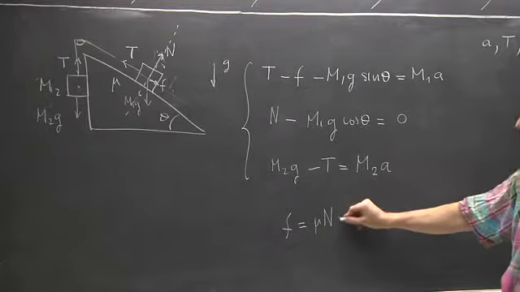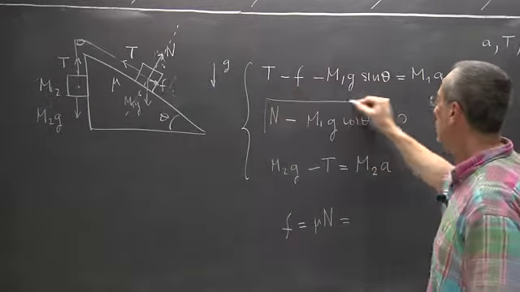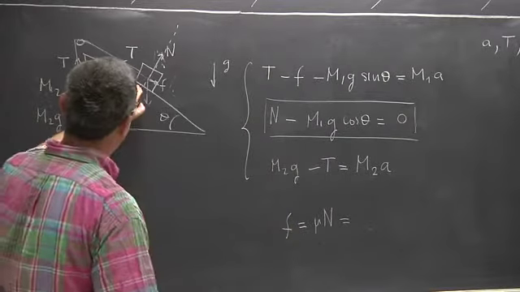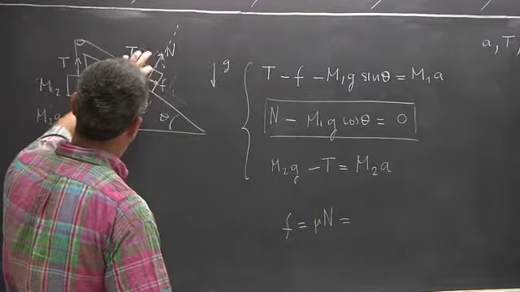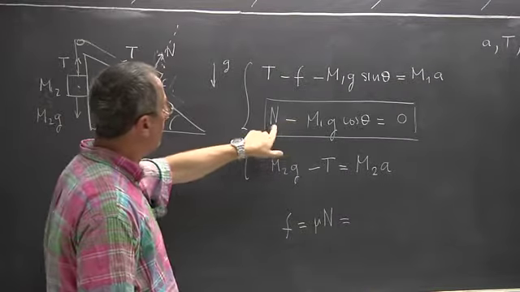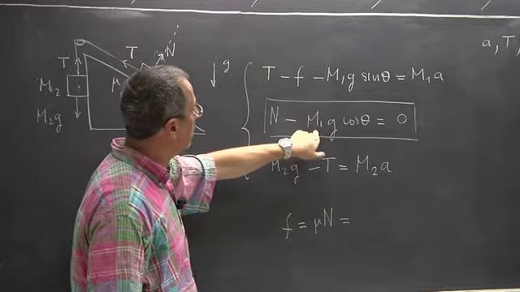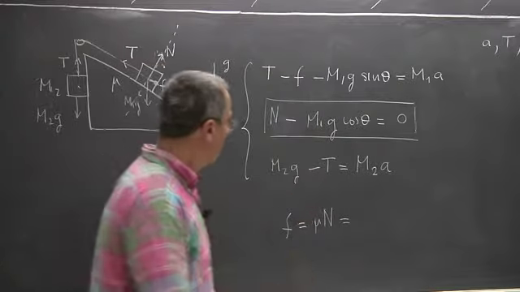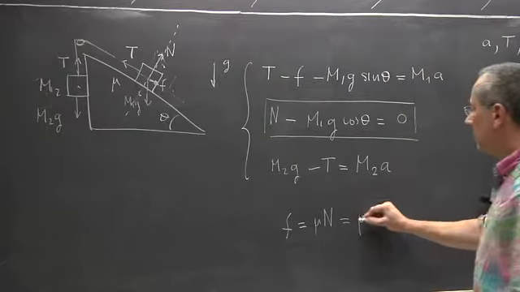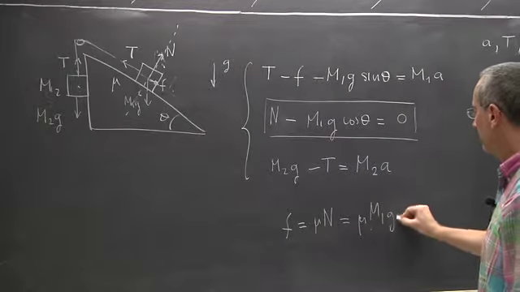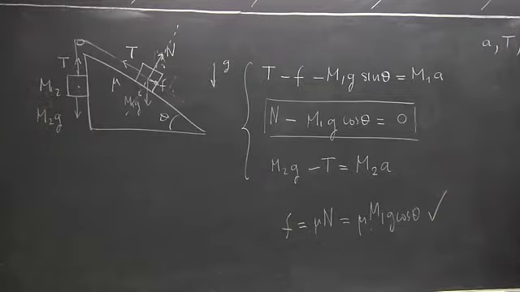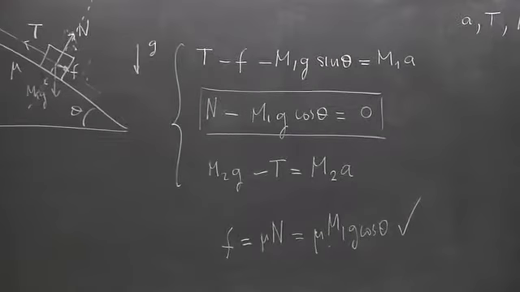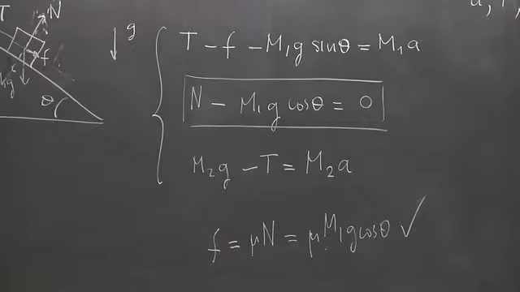And in fact, I already know the reaction of my plane on my mass. It's already solved, because you see everything on this side is known: m1, g, and theta. So I already know that N is exactly equal to this. So I can already replace this, and the kinetic friction is already solved.